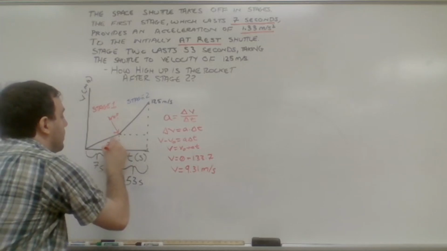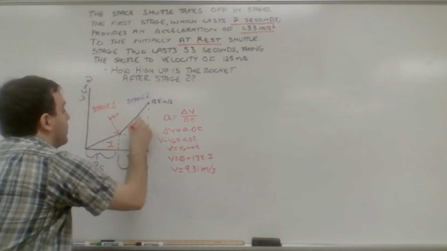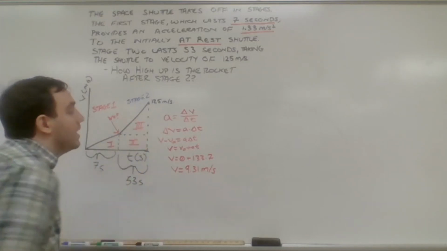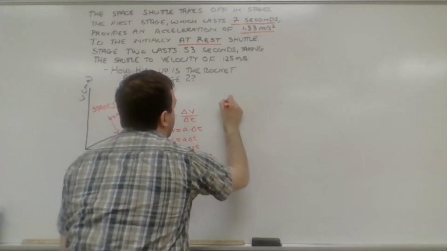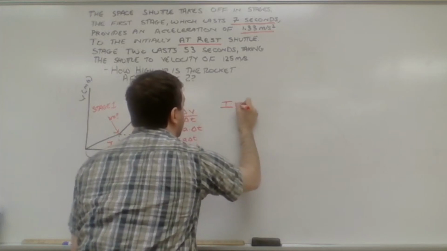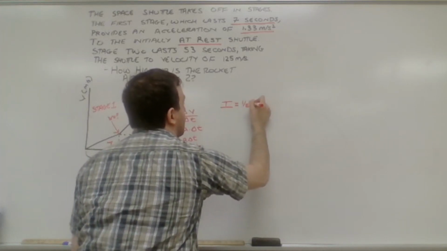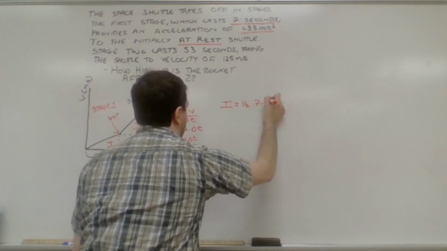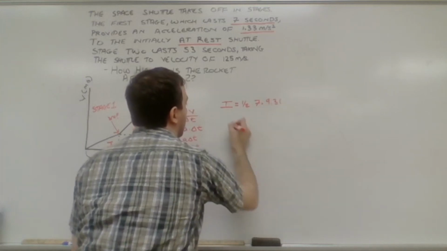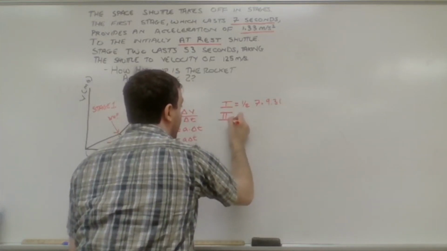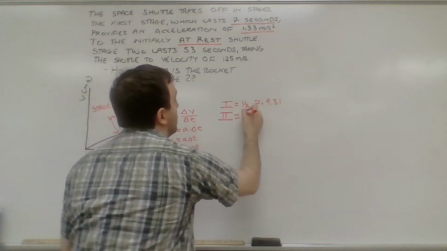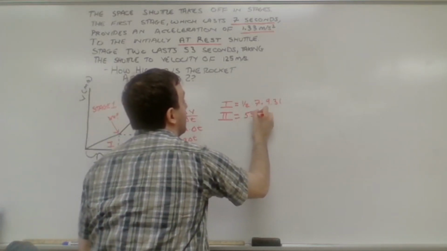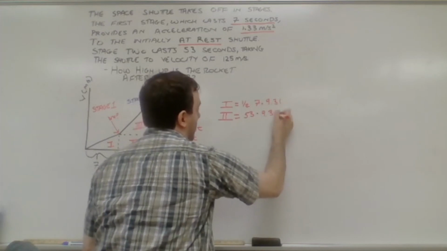Let's label them 1, 2, 3, and we just need to find all those areas. Area 1 was 1/2 base times height, or 1/2 times 7 times 9.31. Area 2 is base times height, which in this case would be 53 times 9.31.